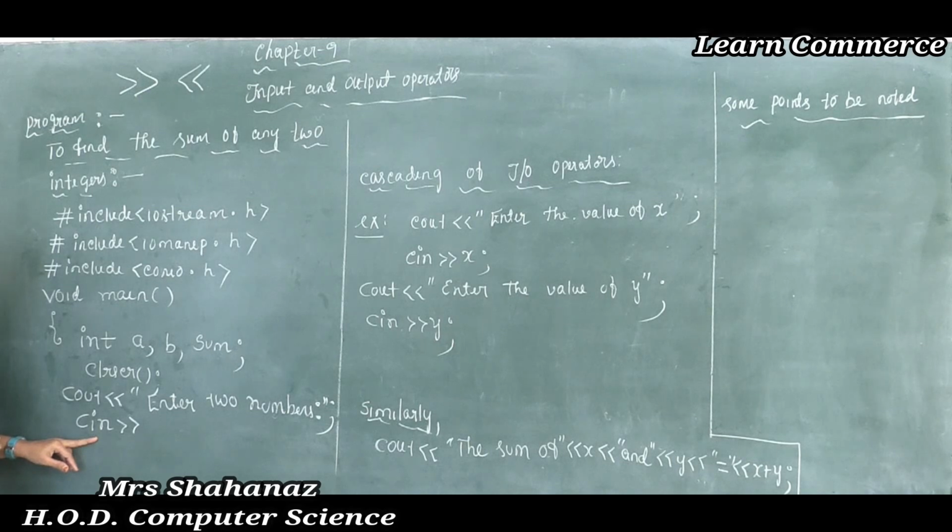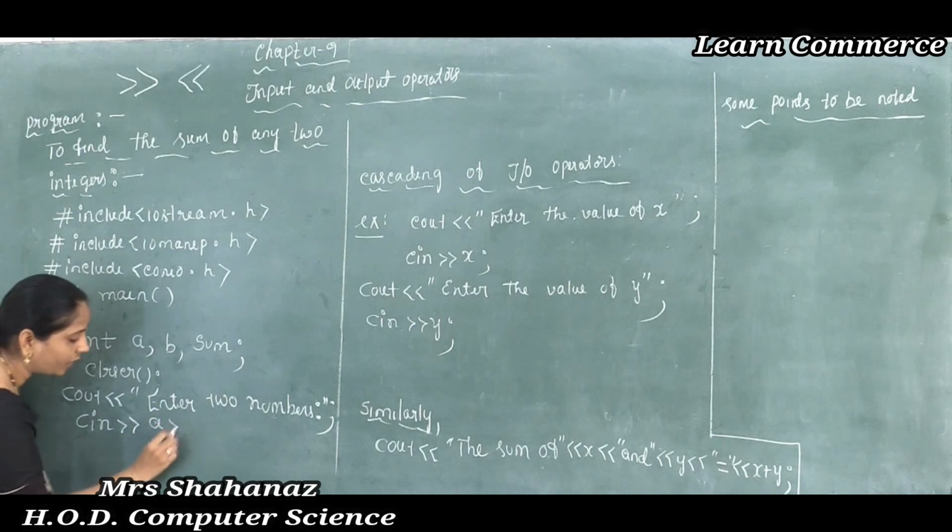So whatever value the user wants to input into the variable is taken by the cin function. The full form of cin is console input, and in that we use the operator called the stream extraction operator.